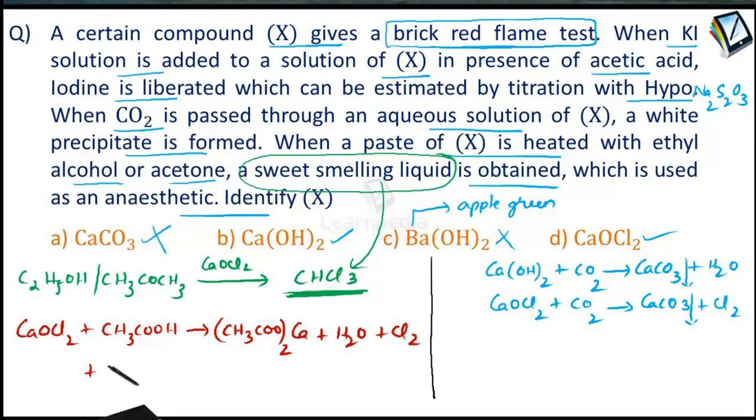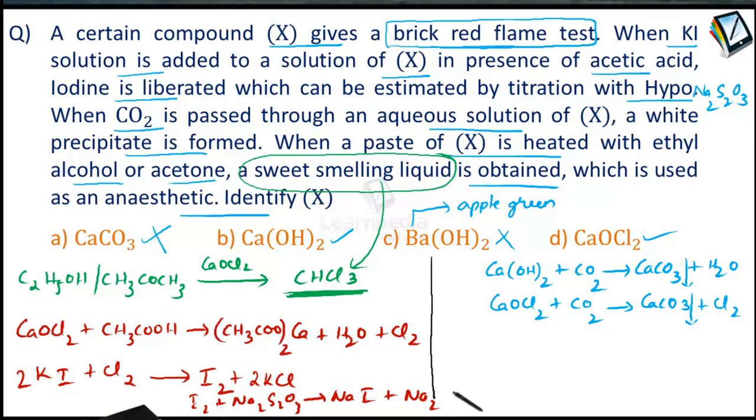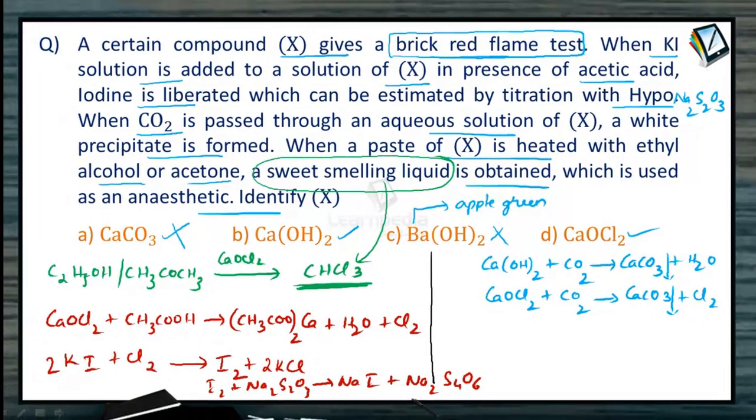Then this chlorine reacts with potassium iodide and releases iodine from the potassium iodide solution, and we get KCl also, if you balance the equation like this. And this iodine can be estimated with the help of hypo in this particular way. Iodine reacts with Na2S2O3 to give sodium iodide and sodium tetrathionate, Na2S4O6. So our answer is option D.